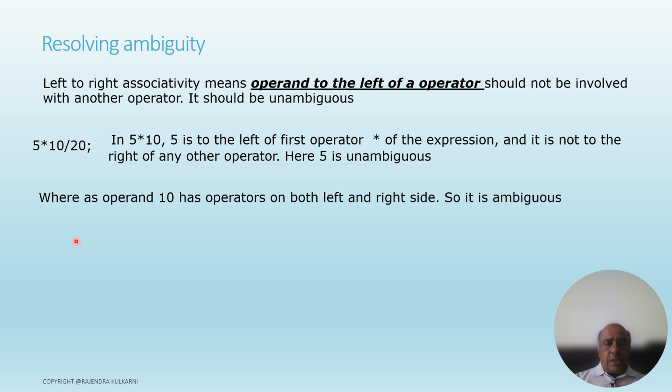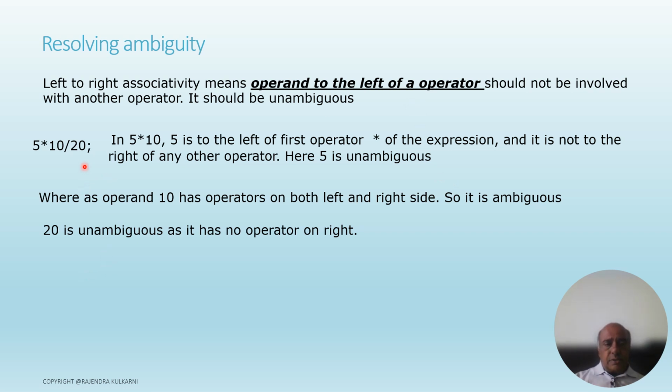Operand 10 has operators on both left and right side. So it is ambiguous. Compiler will not clearly understand what to do with such kind of situation. So there is an ambiguity in this expression. 20 is unambiguous.